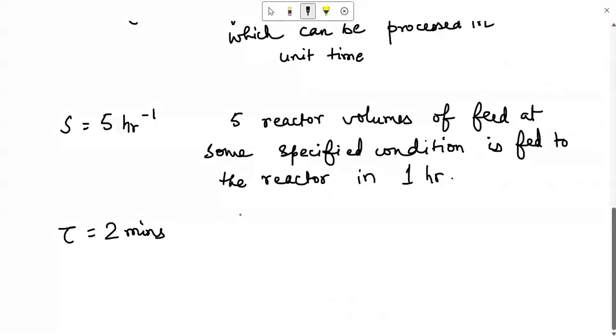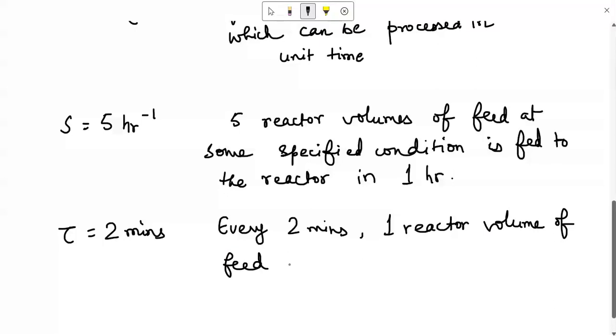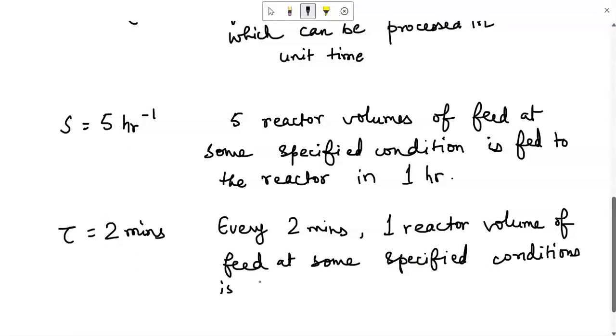Tau of 2 minutes means that every 2 minutes one reactor volume of feed at some specified conditions is being processed in the reactor. So that becomes your tau.